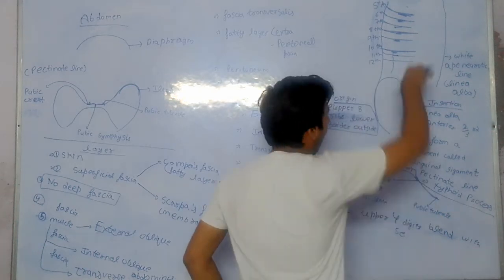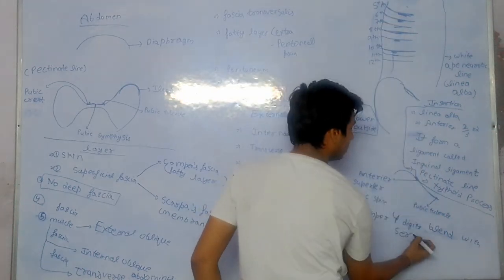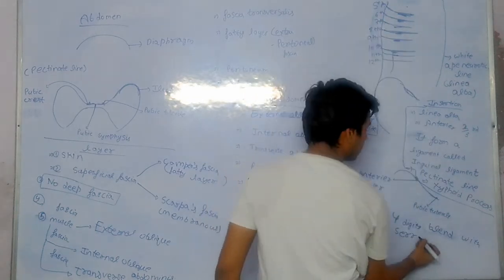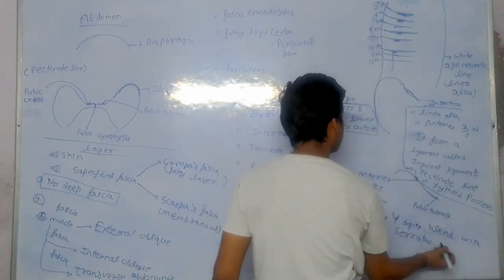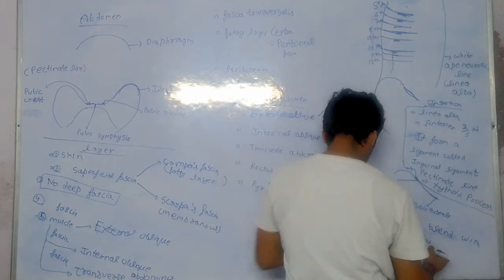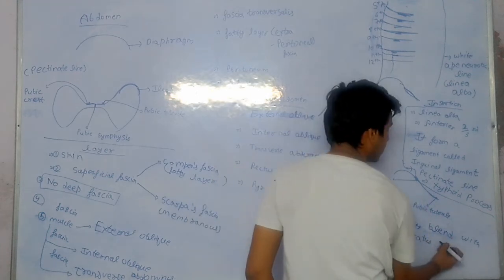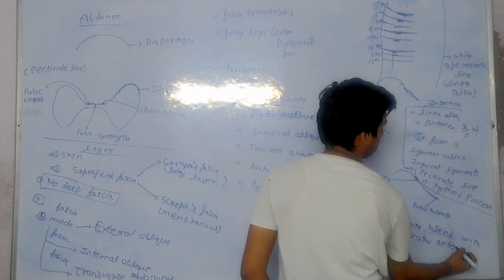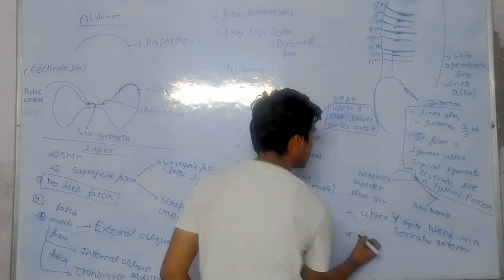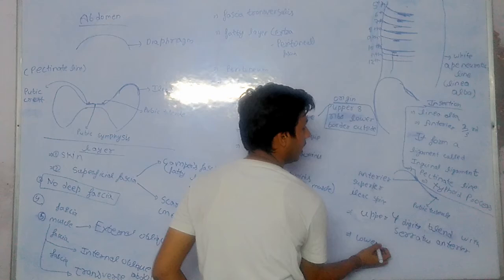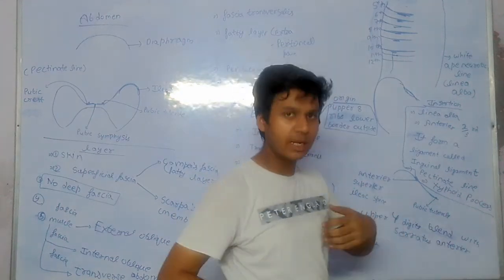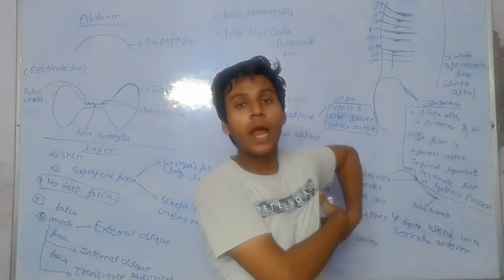We know above, serratus anterior has the first 8 digits. The upper 4 digits blend with serratus anterior. We know serratus anterior takes origin from these and goes behind the medial border of the scapula.